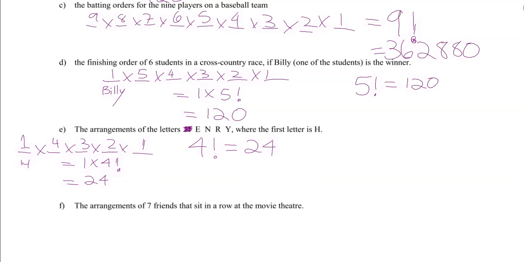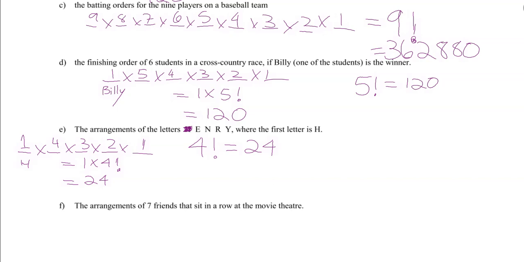Anytime we write a question, you have to justify an answer. Why would they pick this? Well, it's the correct one. It's the one we hope they pick. This would be if they forget that the H has to be first, so they think it's 5 factorial, 120. I can't actually think of 2 more reasonable answers, so this would become a numeric response question and not a multiple choice question, right? So you need 3 reasonable distractor answers.